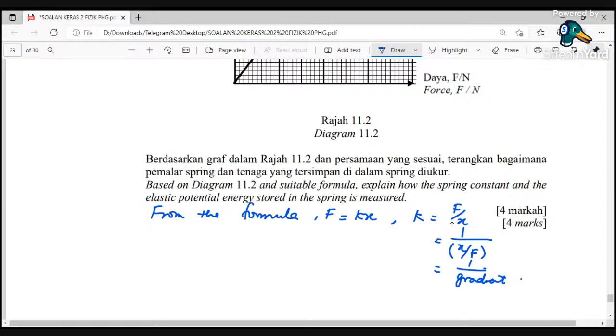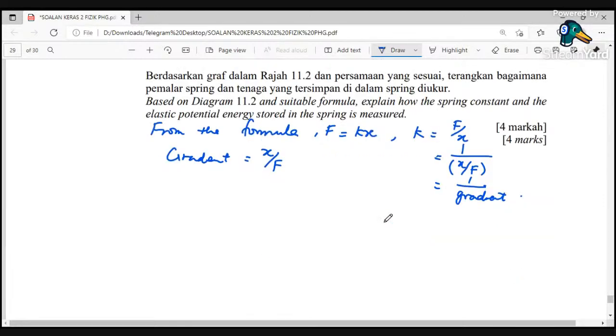Okay, itu point yang pertama. So spring constant is determined by reciprocal of gradient, 1 over gradient. Kalau nak tulis macam ni pun boleh. Ini kena tulis penuh spring constant. Jangan tulis simbol saja. Spring constant K is equals to F over X, 1 over X over F means 1 over gradient.